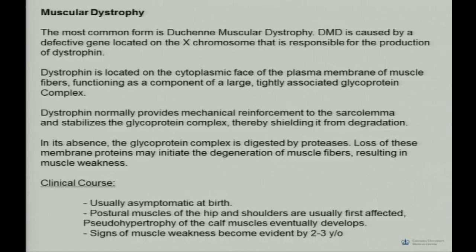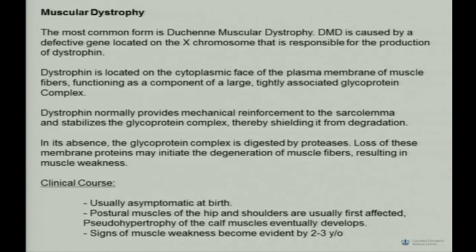And what starts to happen is the postural muscles of the hips and shoulders are the first to be affected. And the first signs of muscle weakness become evident at around 2 to 3 years old. So kids around 2 to 3 years old are maybe not hitting the same kind of physical milestones that you'd be expecting them to hit.